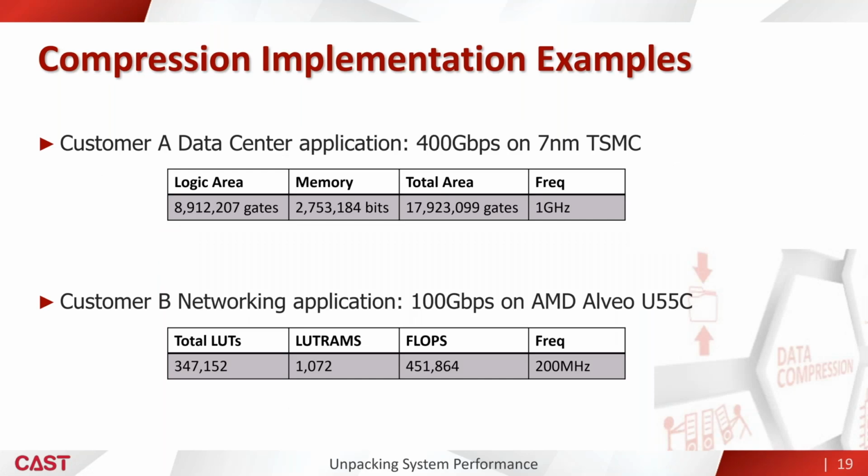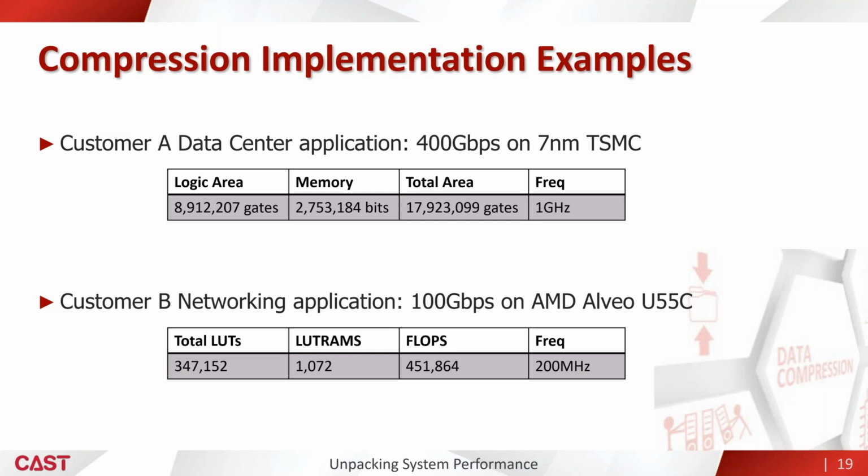These two examples come from real CAST customers that will, of course, remain nameless for confidentiality reasons. The first one is for a data center application. The throughput is 400 gigabits per second on 7 nanometer TSMC technology. It required about 9 million gates and 2.7 megabits of memory at a system frequency of 1 gigahertz.